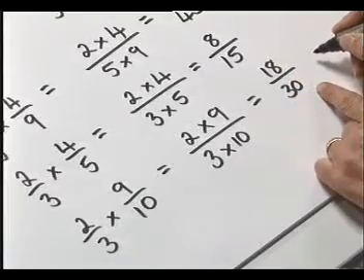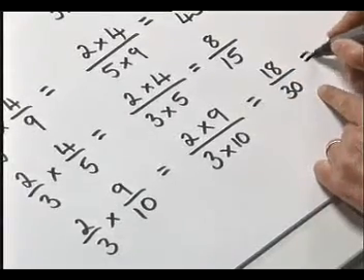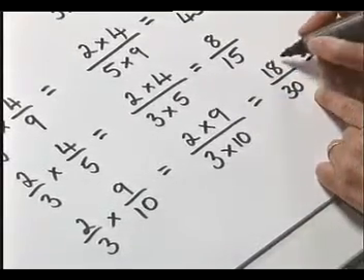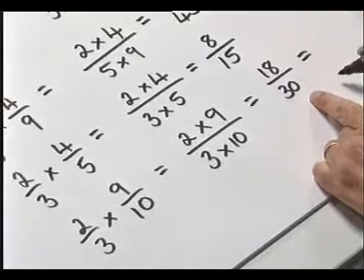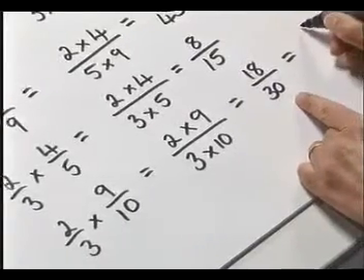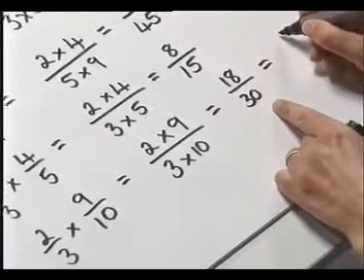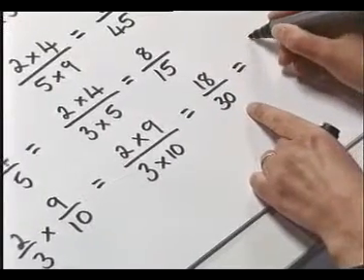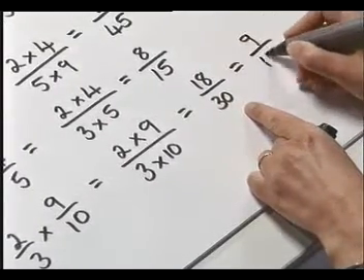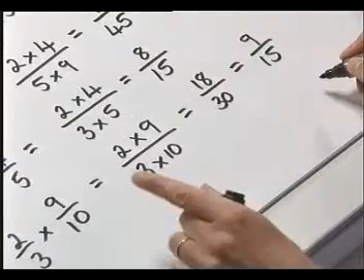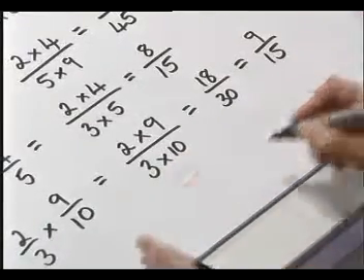Now we need to realise that this is not a fraction in its lowest form, so we would need to find the lowest form. They're both even numbers, so we can divide both numerator and denominator by 2 and get 9/15.